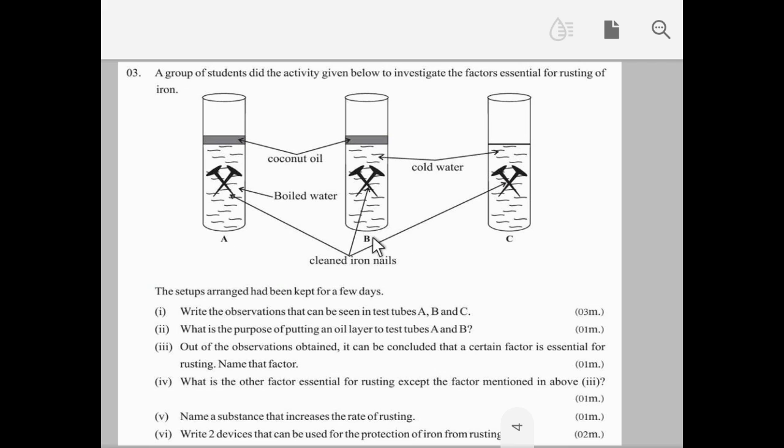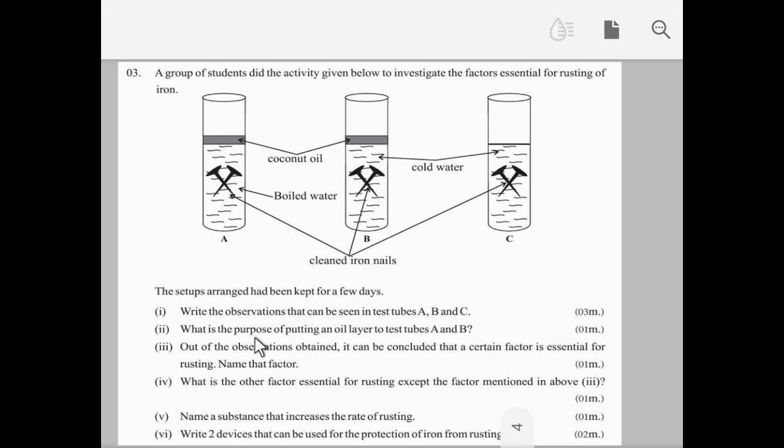In B, we can see a small amount of rusting. In C, we can see a large amount of rusting, brownish color. C is the highest rusting. B, normally rusted. A, not rusted.